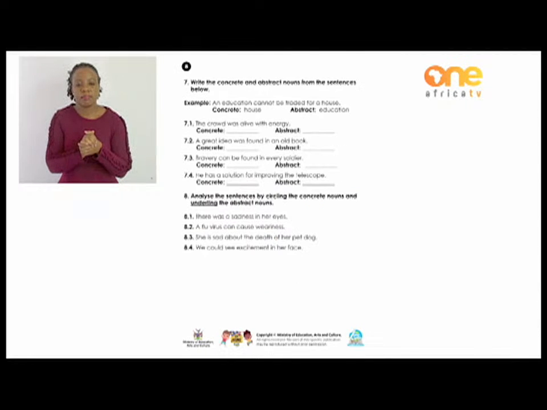Write the sentences. They have both concrete and abstract nouns. So under concrete and then abstract, you write the abstract noun. An example has been given for a house. An education cannot be traded for a house. The concrete noun there is house and the abstract noun is education.